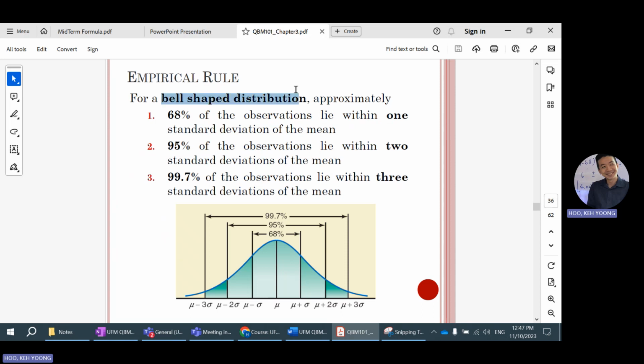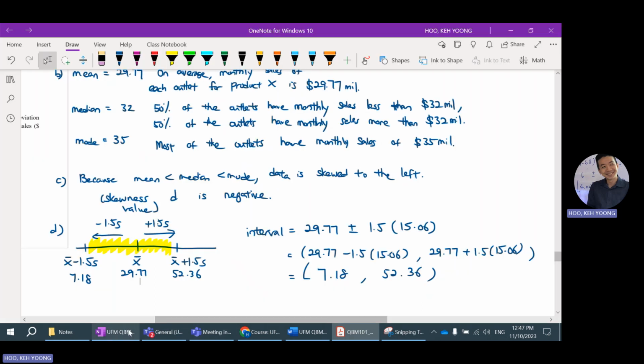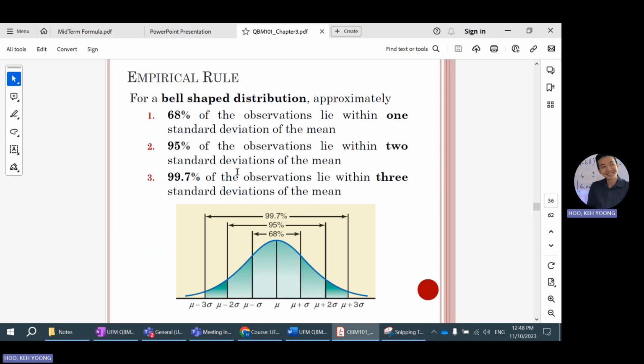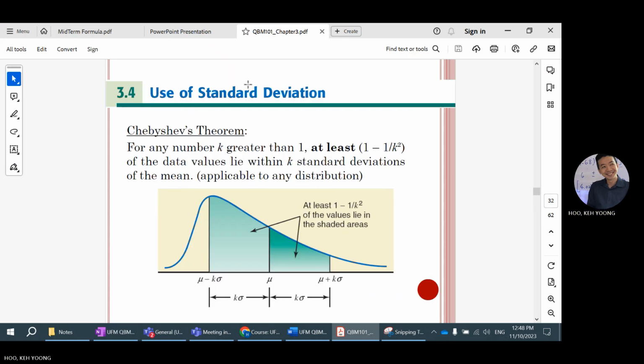When your data is bell-shaped, normally distributed. If it's not normally distributed, like in question C where I say the data is skewed to the left, it's not symmetric, so we cannot use empirical rules. We can only use Chebyshev theorem. Chebyshev theorem is applicable to any distribution, skewed to the right or skewed to the left.